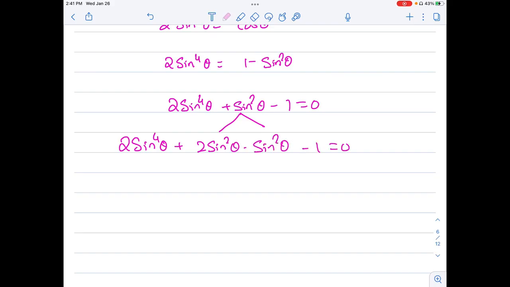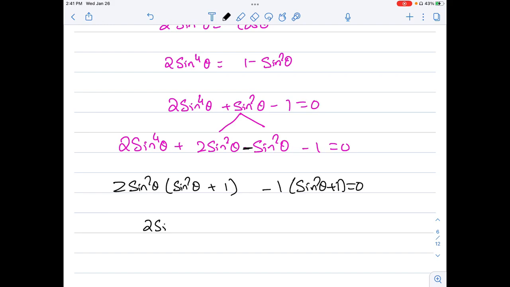So I can take 2 sin square theta common: 2 sin square theta plus 1 times sin square theta, and minus 1 common: sin square theta plus 1, equal to 0. So I get 2 sin square theta minus 1 times sin square theta plus 1 is equal to 0.